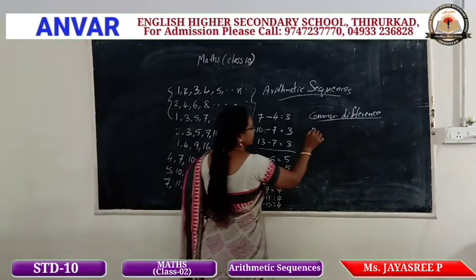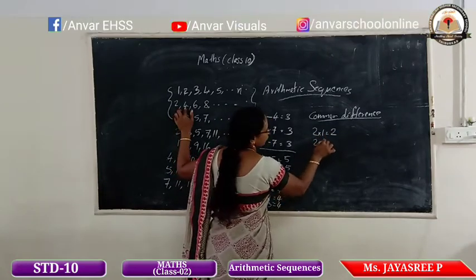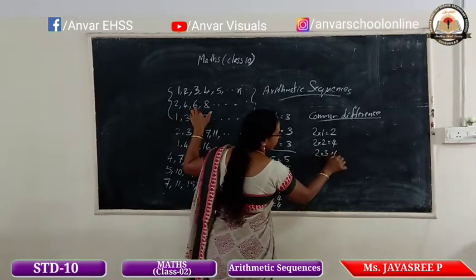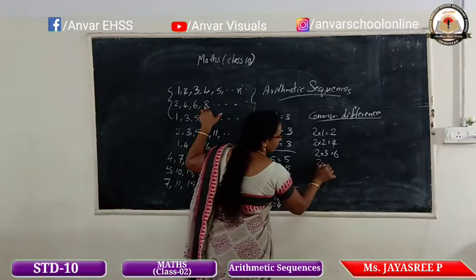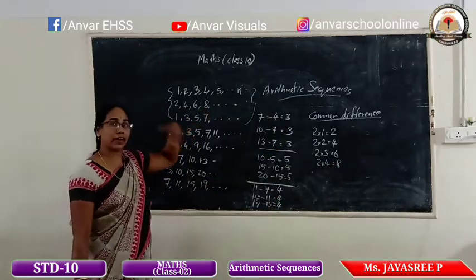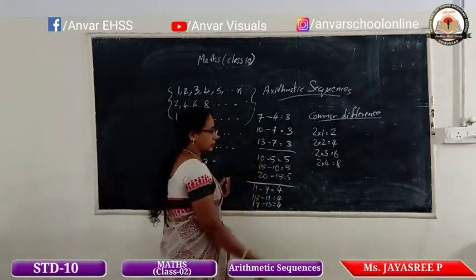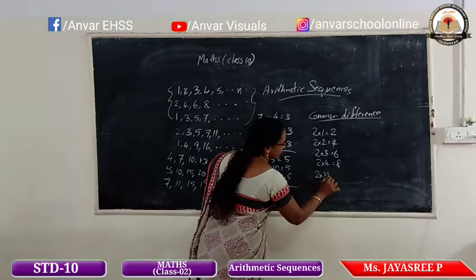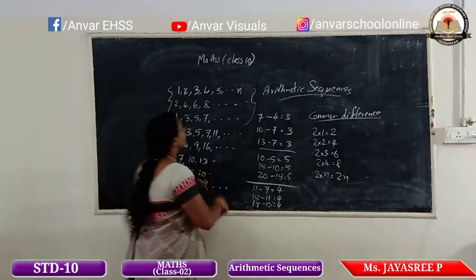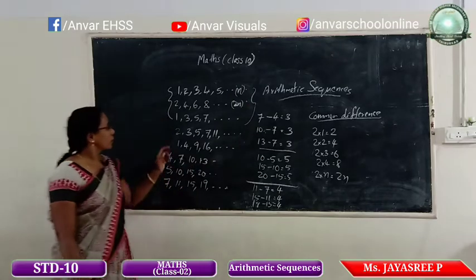We can write it as 2 into 1 is equal to 2, the second term as 2 into 2 is equal to 4, the third term as 2 into 3 is equal to 6, the fourth term as 2 into 4 is equal to 8, etc. So what will be the nth term of the sequence? Its nth term we can write as 2 into n is equal to 2n. So the nth term of this sequence is 2n.